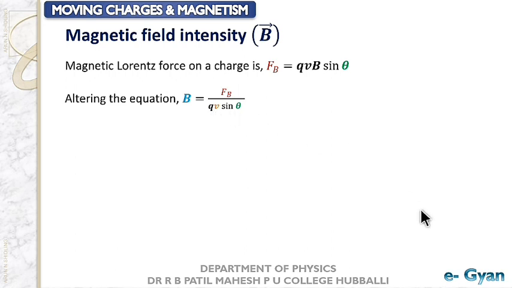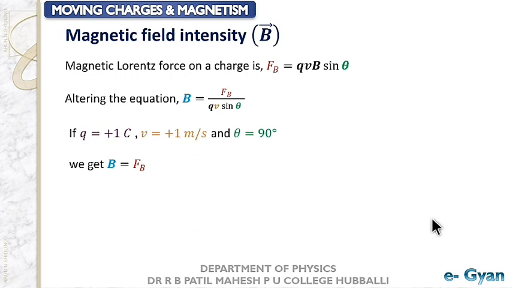In this formula, if I substitute Q equal to 1 coulomb, velocity equal to 1 meter per second, and theta equal to 90, then the denominator is 1, and the equation becomes B equal to FB. That is, magnetic field intensity is equal to magnetic Lorentz force in terms of magnitude.